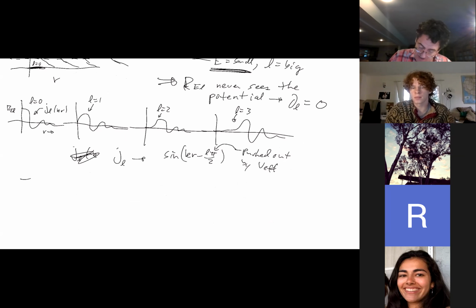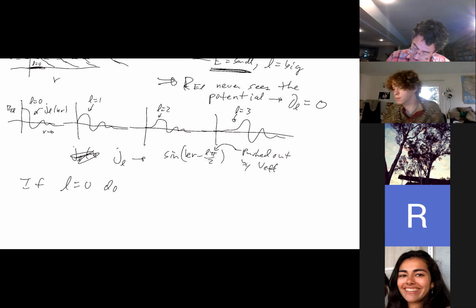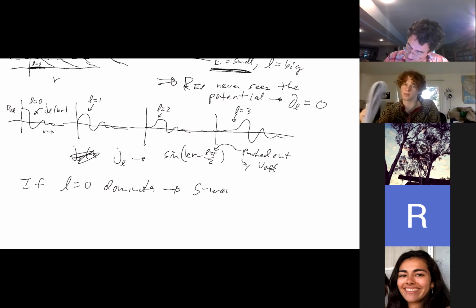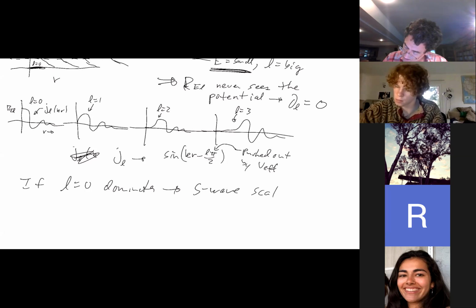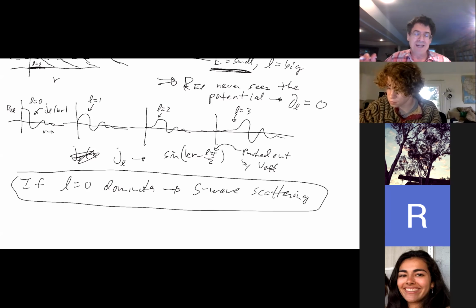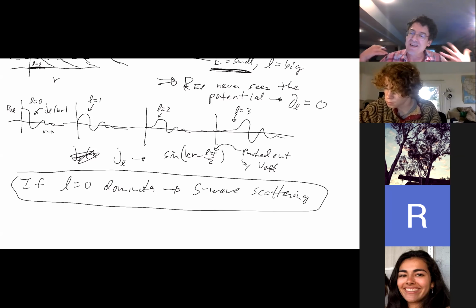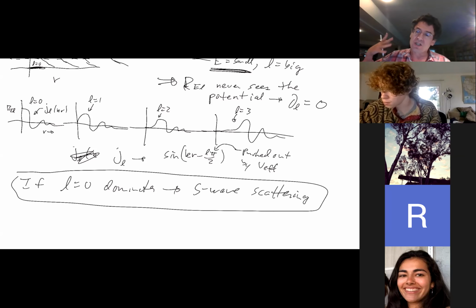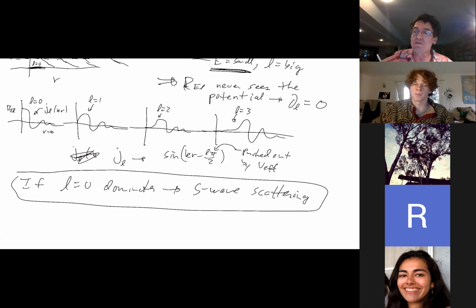And if L equals 0 dominates, we call that S wave scattering. Often out in the real world, you hear people talk about S wave scattering, and you wonder what that means. What it means is that the scattering process is a low energy scattering process dominated by the L equals 0 phase shift. That's what S wave scattering means.